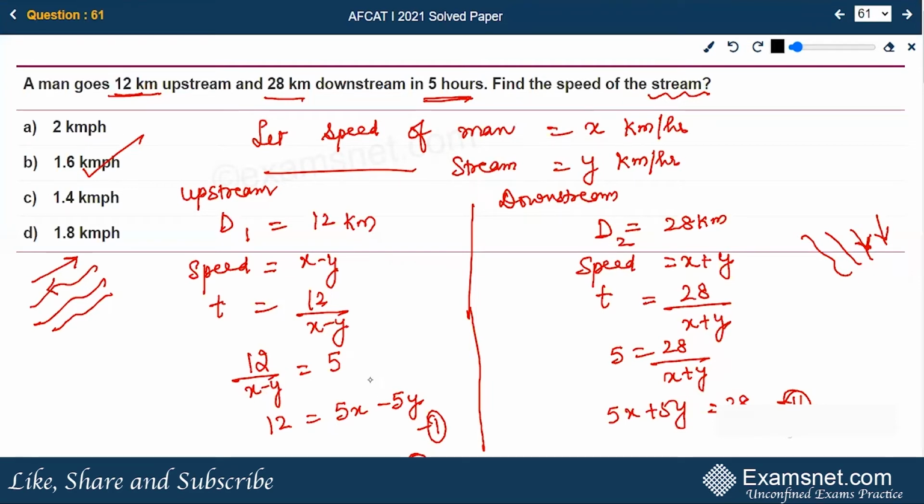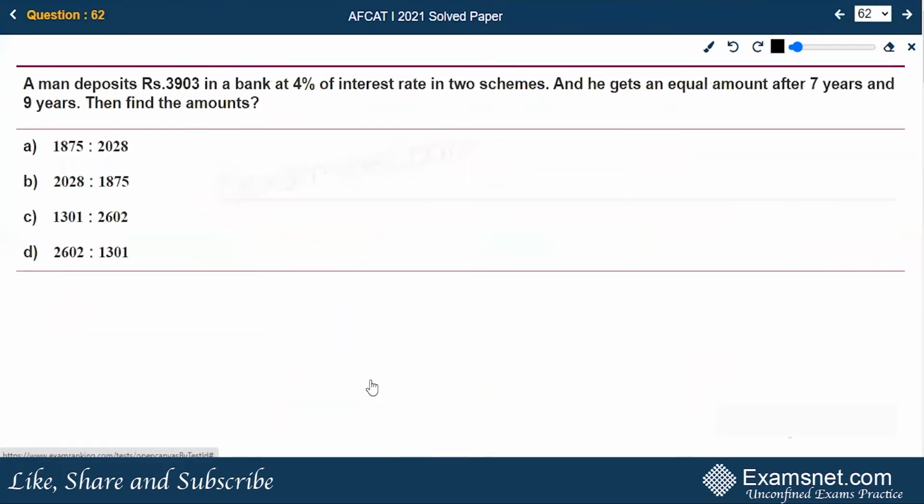Next, question number 62. A man deposits 3,903 rupees in a bank at 4% interest rate in two schemes, and he gets an equal amount after 7 years and 9 years.